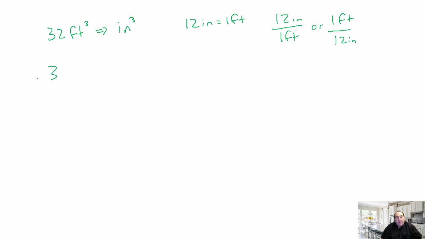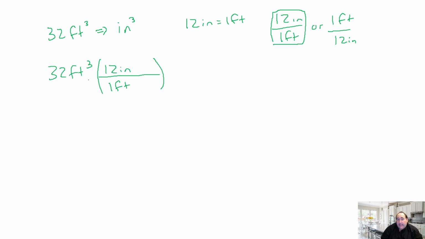So if we were to start with our 32 feet cubed, we would want to go opposite. We want feet on the bottom. So we would use this conversion right here. That would give us 12 inches is 1 foot. If I do it just like this, only one of the feet would cancel.